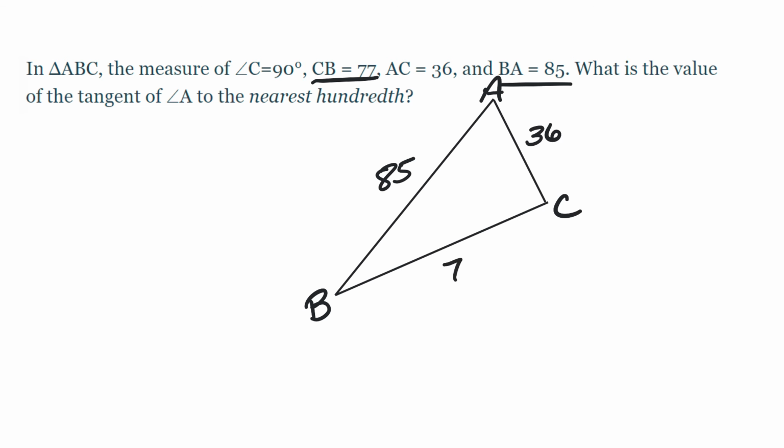And then 77. And it tells us that this is a right triangle by saying that C is 90 degrees. And then it asks us, what is the tangent of angle A? Well, there's angle A. So tangent again, opposite over adjacent.